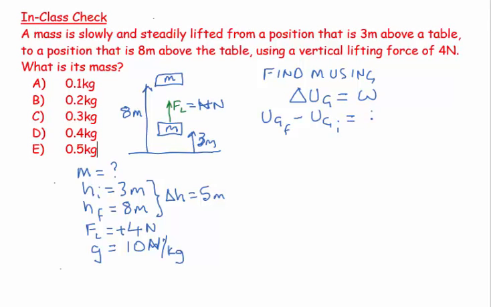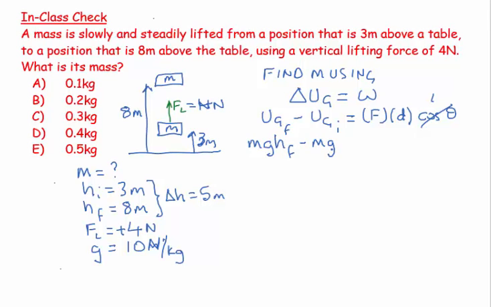And that equals my force, my displacement, and the cosine of the angle between. These are all vertical, so I know this is going to go to 1 because the angle theta is going to be 0.